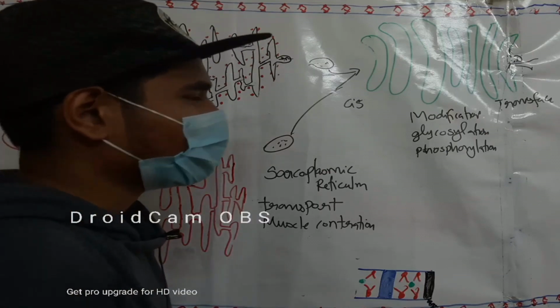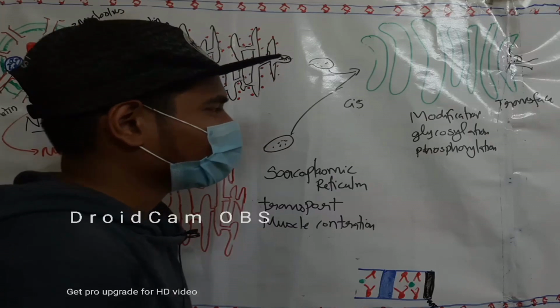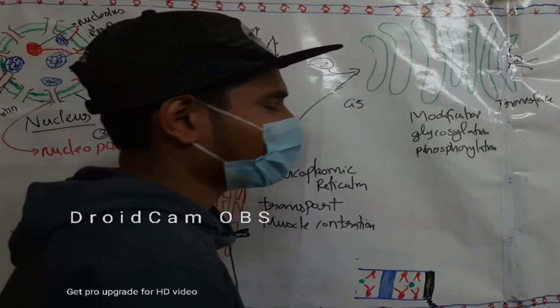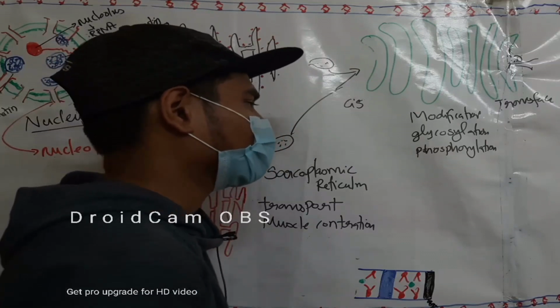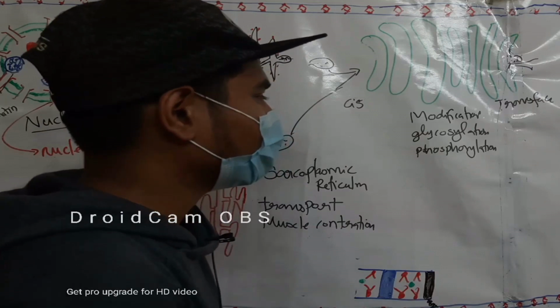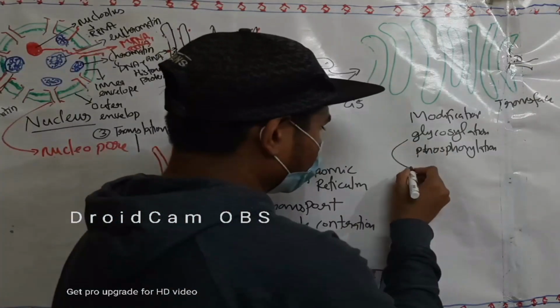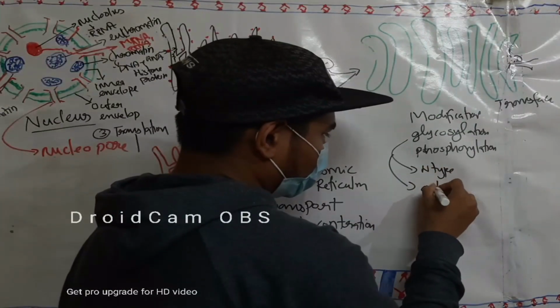Whereas in the endoplasmic reticulum, it is only the rough endoplasmic reticulum, and only N-type glycosylation happens there. In O-type glycosylation, the proteins are added with sugar residues with the oxygen, whereas in N-type it is with the nitrogen. These are the two types: the N-type and the O-type.